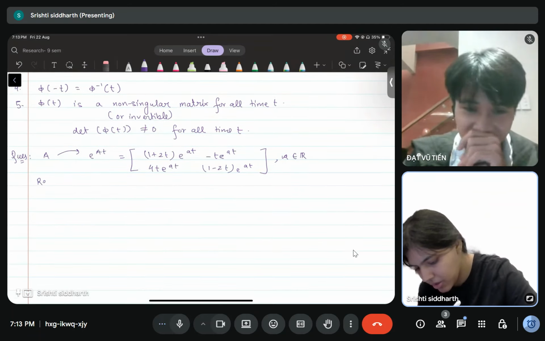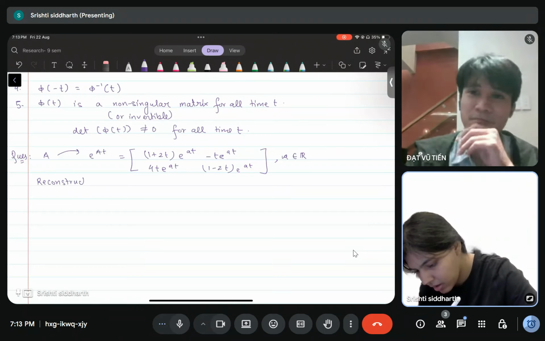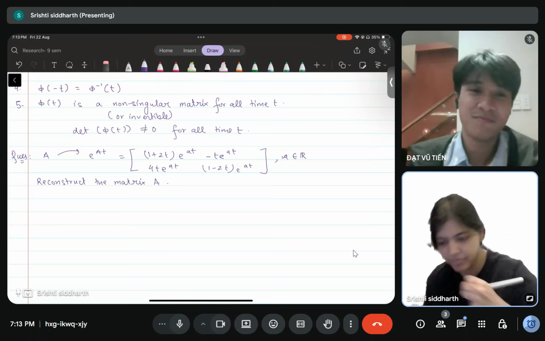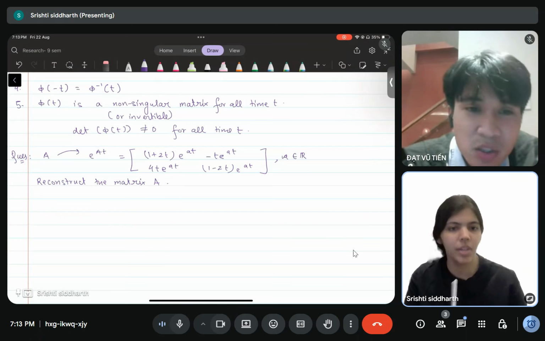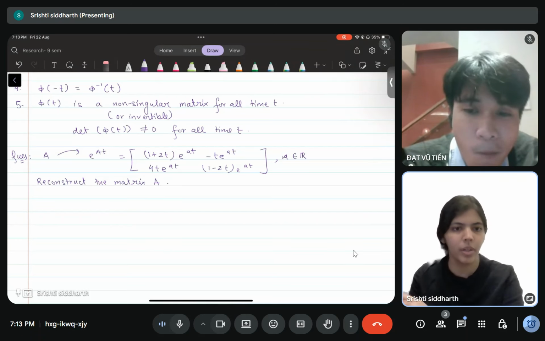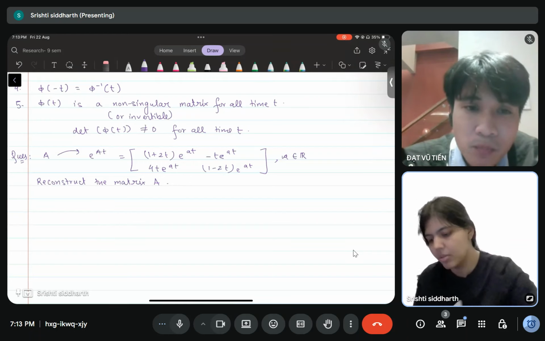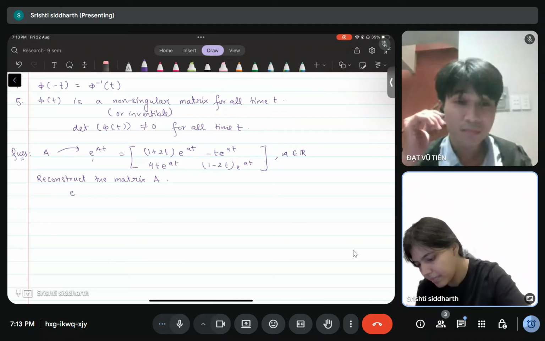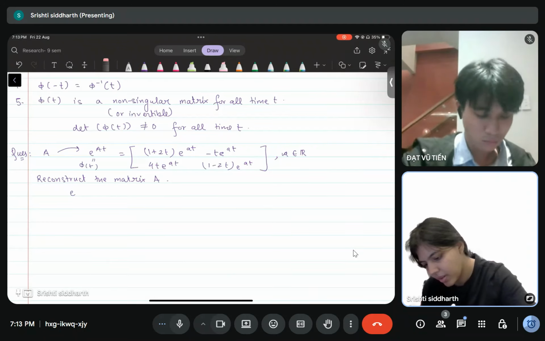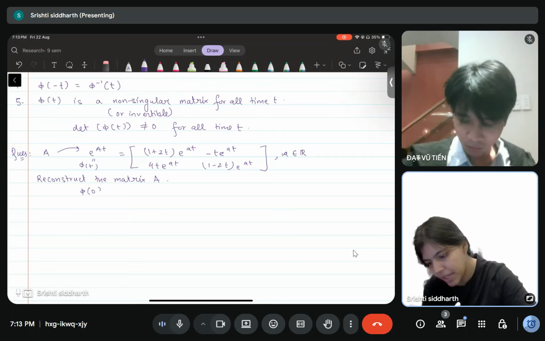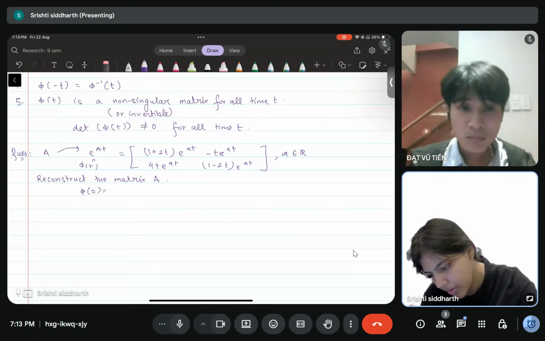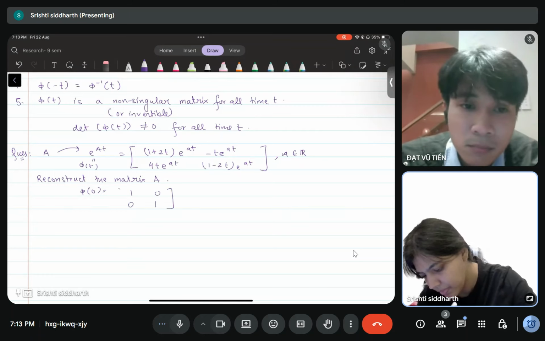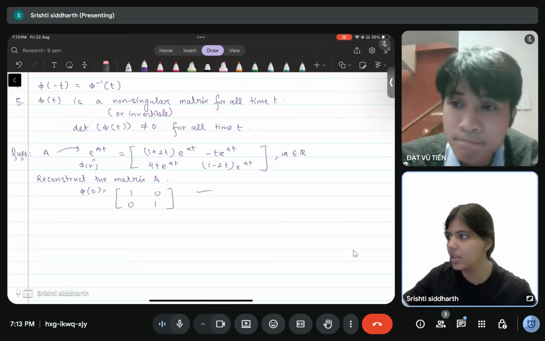So we have to reconstruct matrix A. We already know if this is the state transition matrix, then it should satisfy the properties that we've just recalled, right? So let's check. If this is phi of t, is phi of 0 identity or not? So this is 1, 0, 0, and this is 1. So that's correct. This is a state transition matrix.